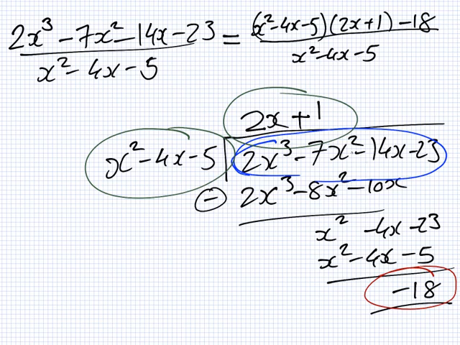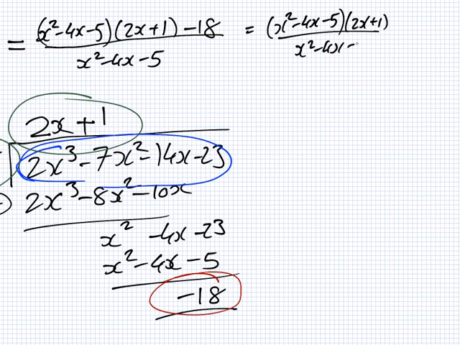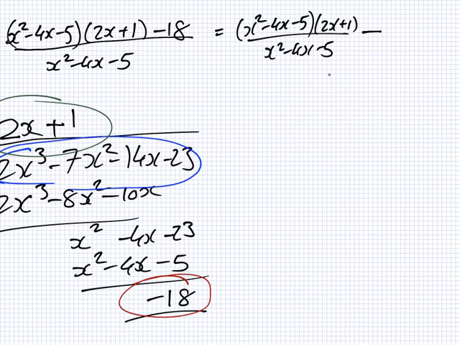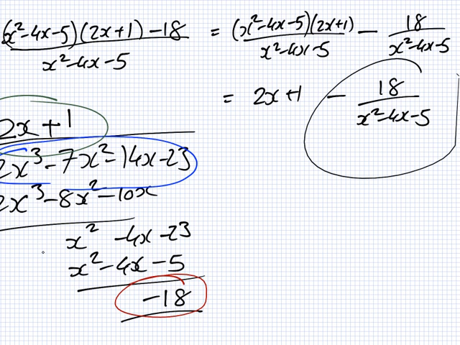Because now I can change this into x squared minus 4x minus 5 times 2x plus 1 over x squared minus 4x minus 5, minus 18 over x squared minus 4x minus 5. That equals 2x plus 1 minus 18 over x squared minus 4x minus 5. So I've changed my improper problem into a proper problem with this extra piece.